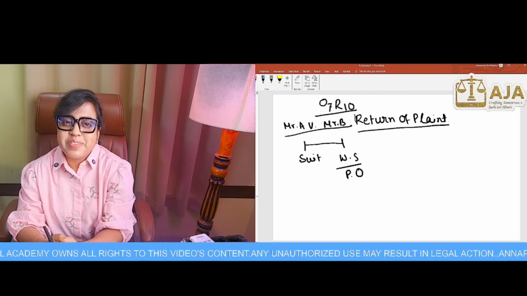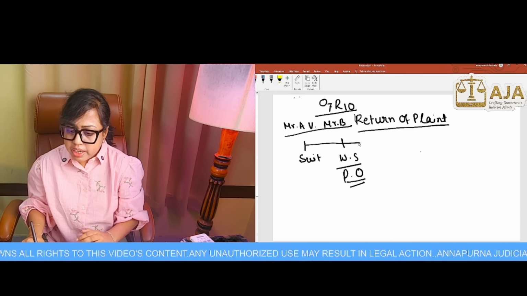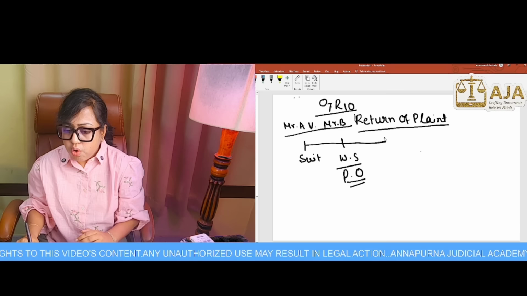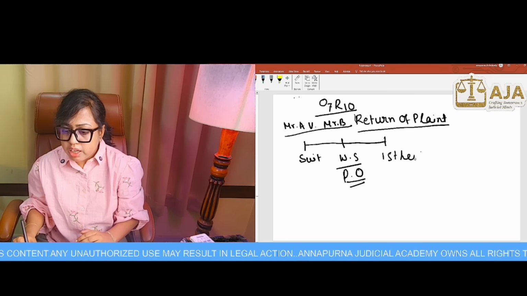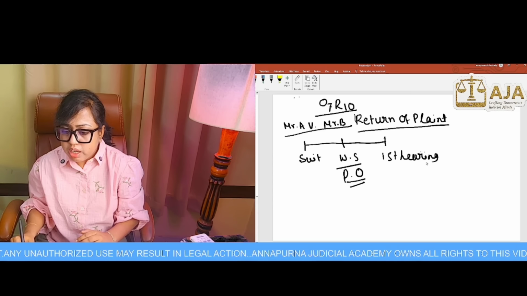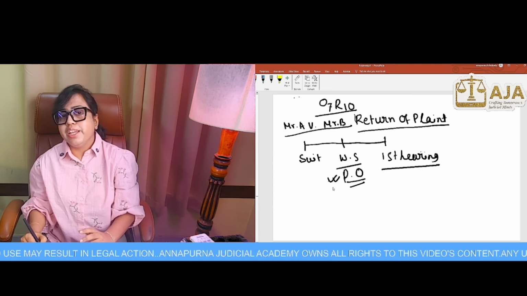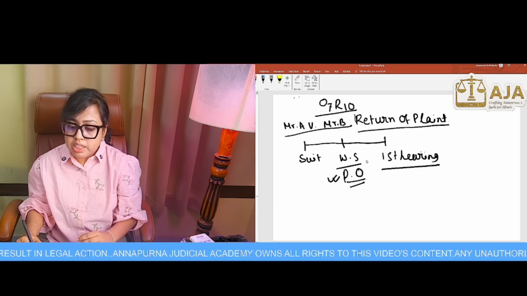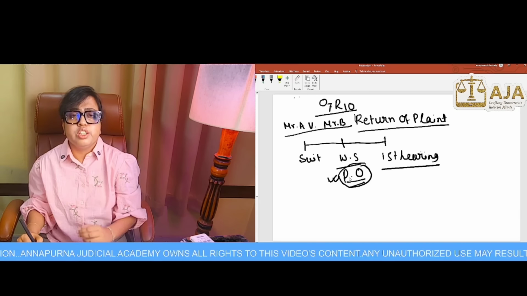Understood? Now suppose on first hearing, the court will find this preliminary objection.